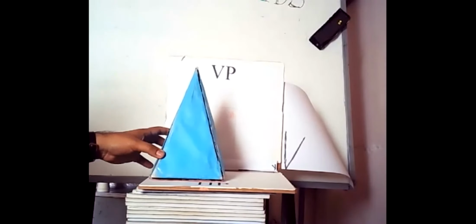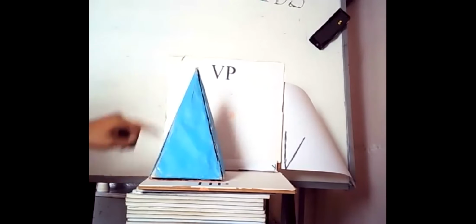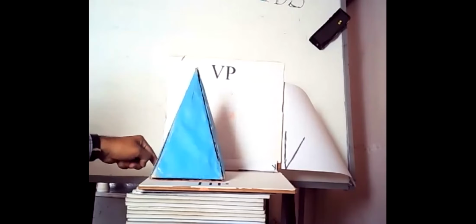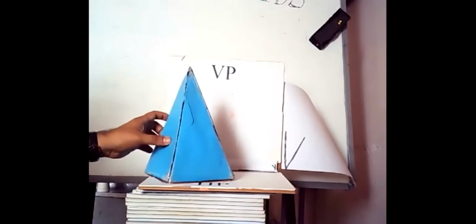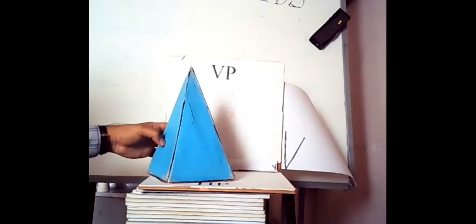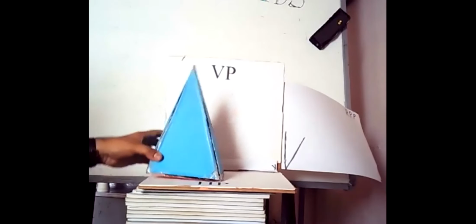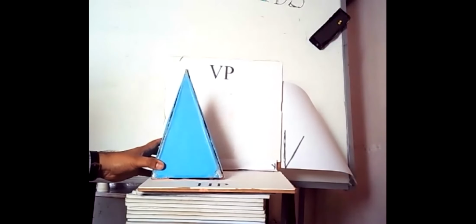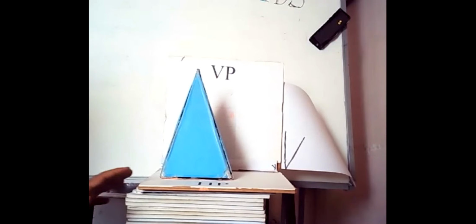And very importantly, from the apex position, I'm joining these slant edges to all the base corners so that I'll get a pyramid. I have to position this solid in horizontal plane in first quadrant and represent its front view and top view. Basically, initial position is very, very important.